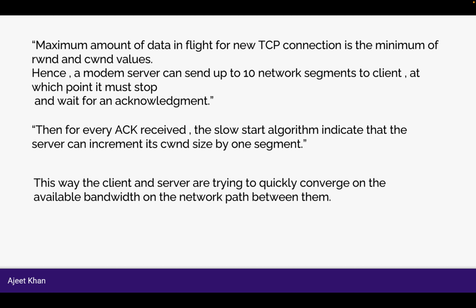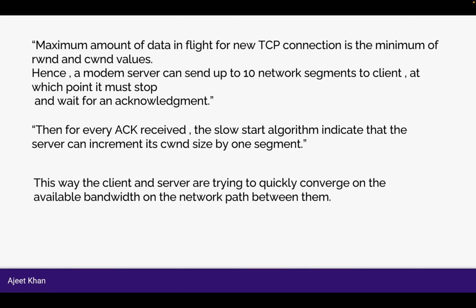So in simple words, it is like when you are watching a movie, the server can start streaming with low quality video, and based on the acknowledgement it receives from the client that its receive window size is higher, saying I am able to take more packets, the server can increment the CWND value and start sending more packets, and it can gradually increase the quality of the video.